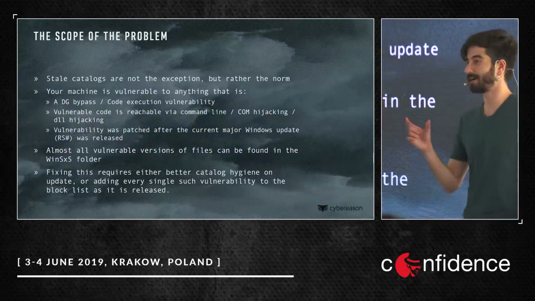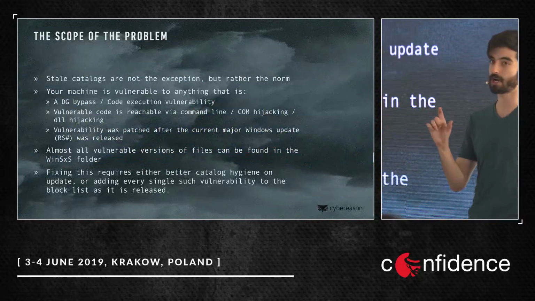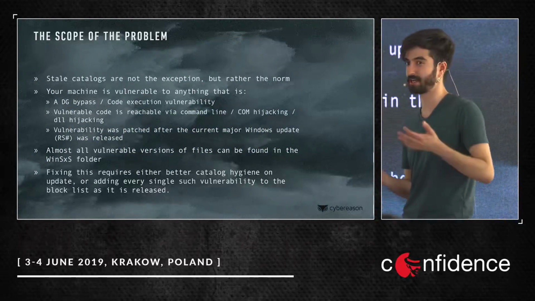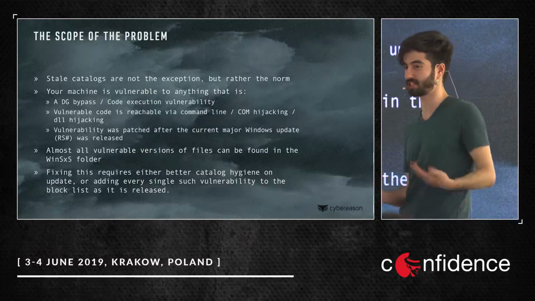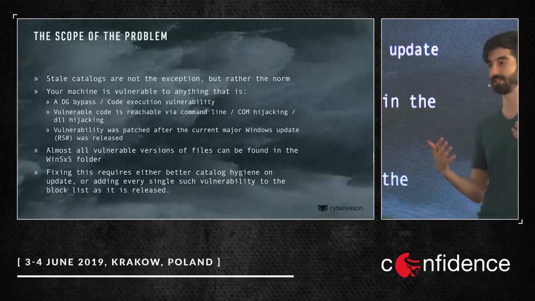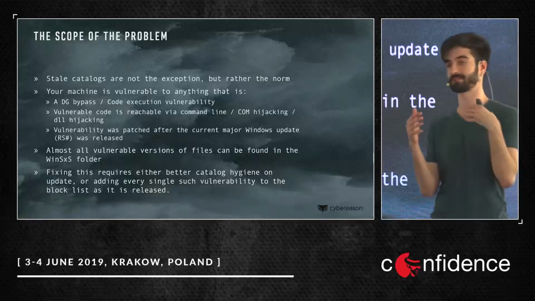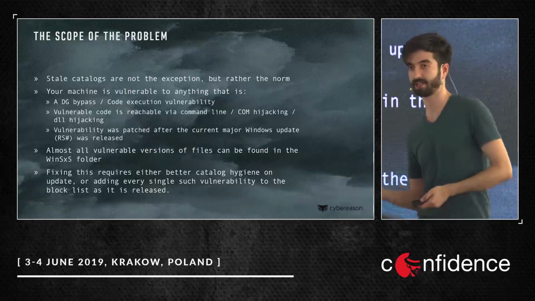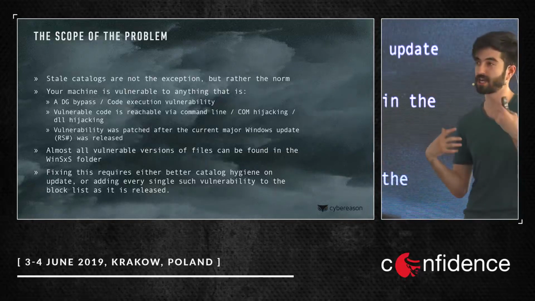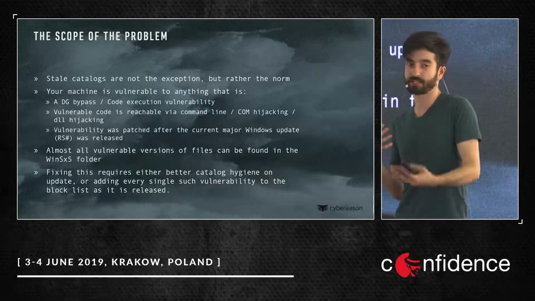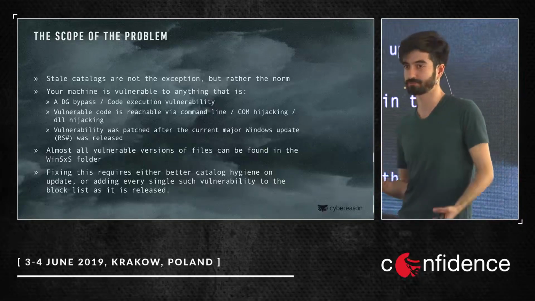There isn't a bunch of stale catalog hygiene problems as much as there isn't really a thing called catalog hygiene, meaning that the moment Windows updates, unless you're updating from, let's say, RS3 to RS4, all of the catalogs remain, meaning that every RCE that you could somehow reach using some command line tricks is still available on a fully patched machine.